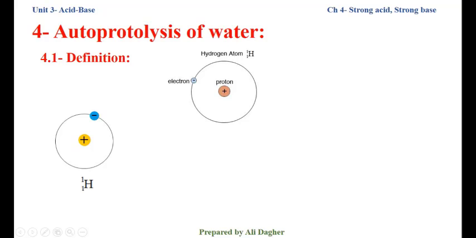When the hydrogen atom loses one electron, it is transformed into hydrogen ion H+ plus one electron. The hydrogen ion is just a proton. Then we call the hydrogen ion a proton.